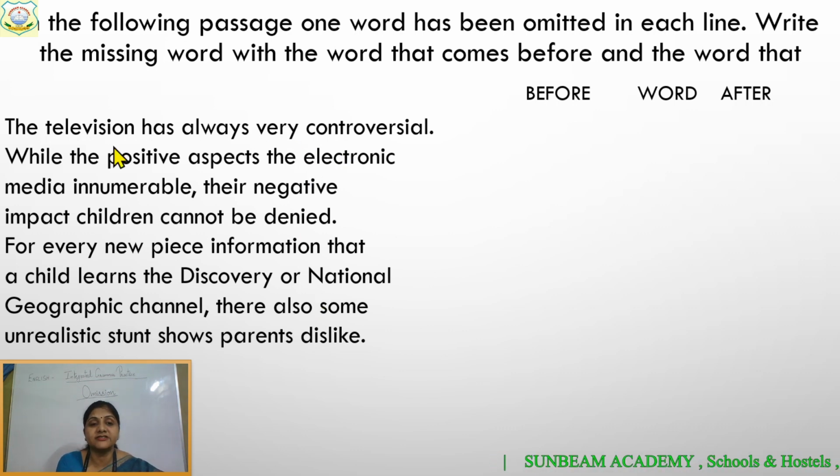Okay, so we will try to take out in which tense it is written there. Has, aspects, cannot, learns. I'm just taking out the verbs. And whenever we want to take out our tense, as I had told you in editing, in the same way I am telling you in omission also, we just see our verb form.